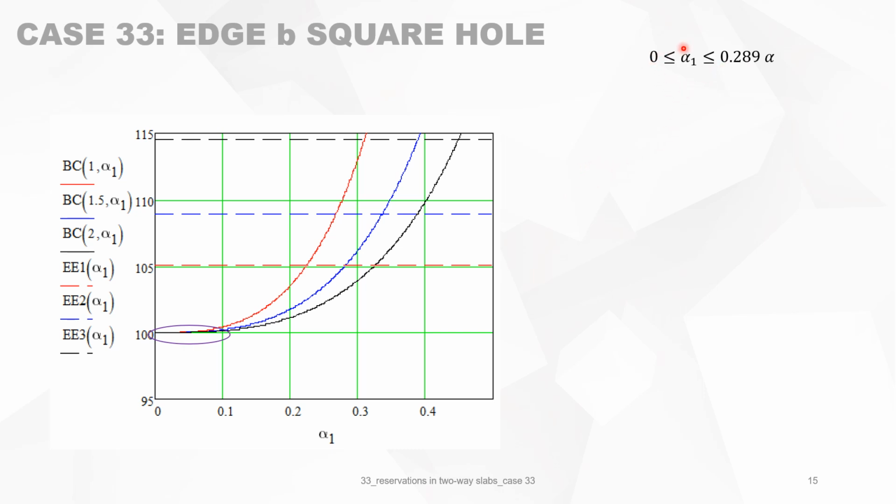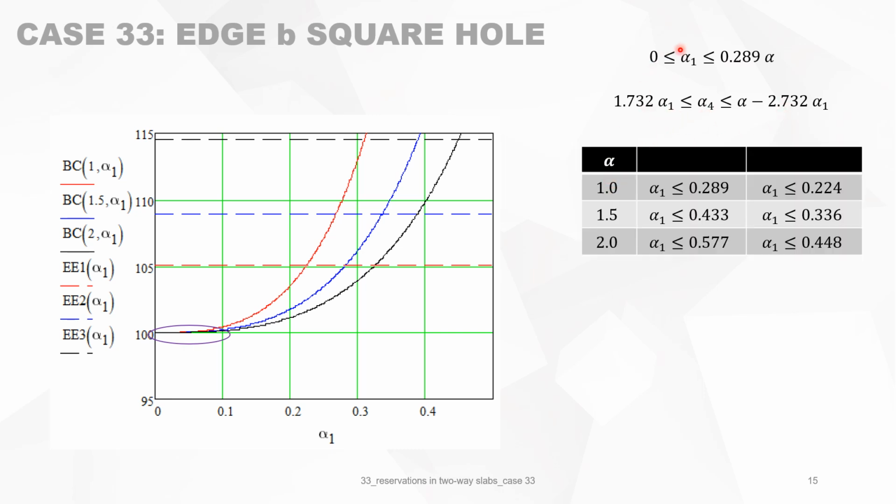Now we have the condition that alpha 1 must be between those two values, but this value depends on alpha. And alpha 4 must also be fulfilled. So now what we can do is, for instance, we take alpha is 1, then we see that alpha 1 must be smaller than 0.289.